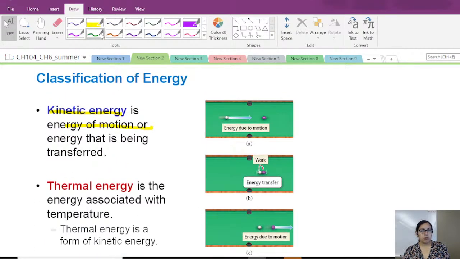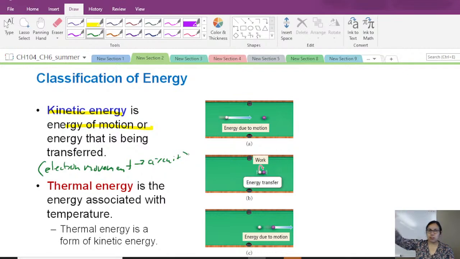And we should add in here, other forms of kinetic energy are electron movement, like in a circuit. So that's also just kinetic energy. It's just those electrons literally moving around.